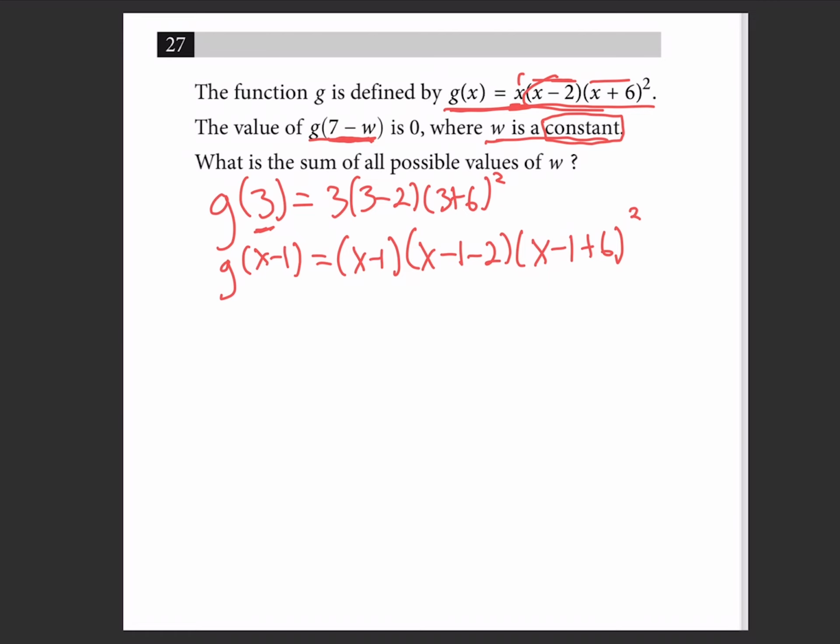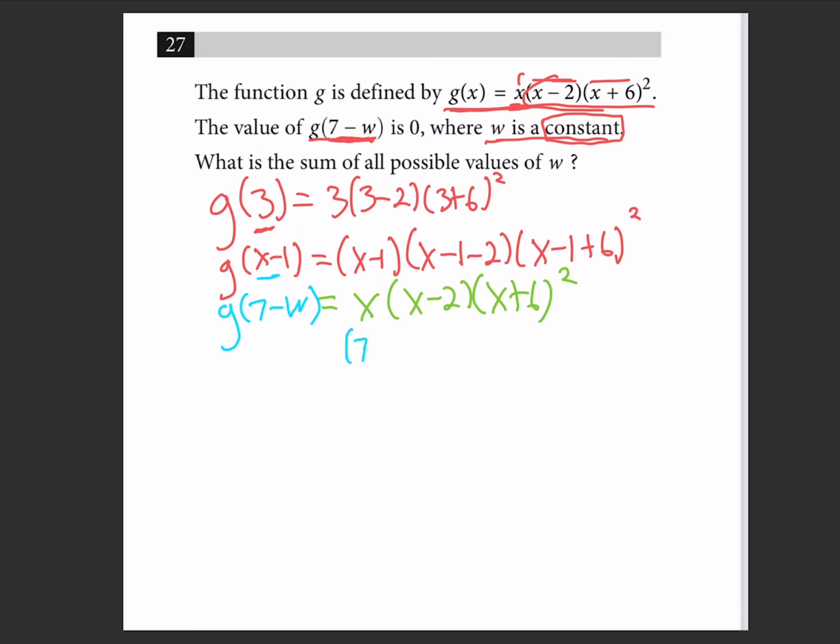So everywhere we saw an x, and again, the function was x times x minus 2 times x plus 6 squared, everywhere I see an x, I've got to plug in this. We're doing g of 7 minus w. So I've got to plug that in here.